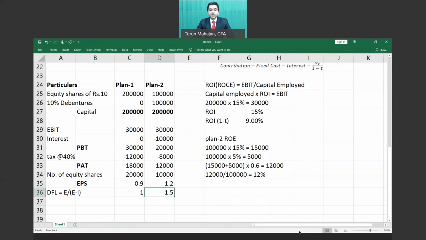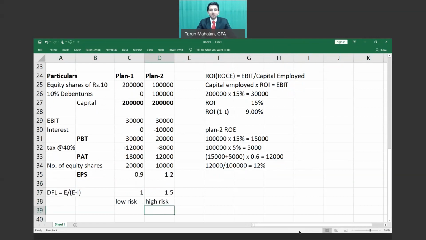So DFL is 1 and 1.5. So I will say this is low risk and this is high risk. Lower the DFL, lower the financial risk, and higher the DFL, higher the financial risk.